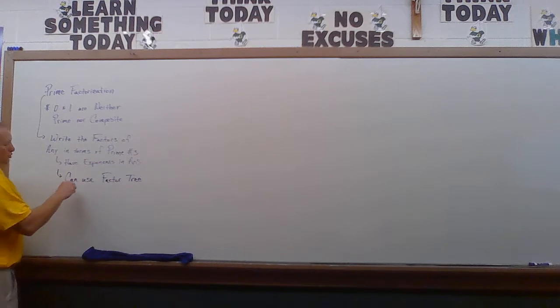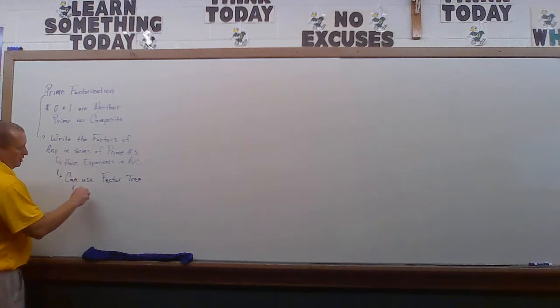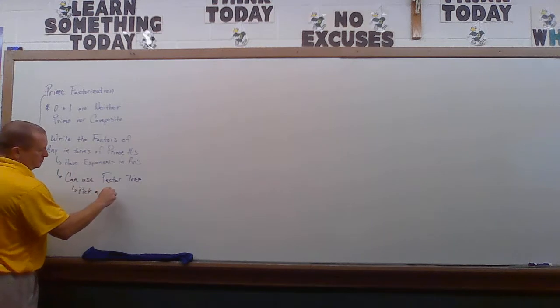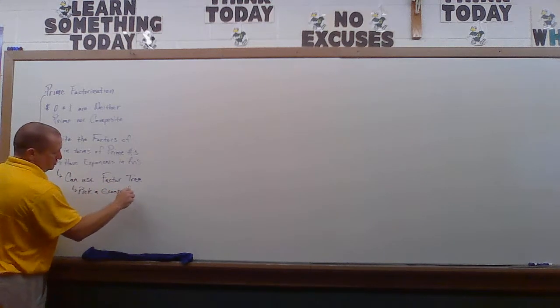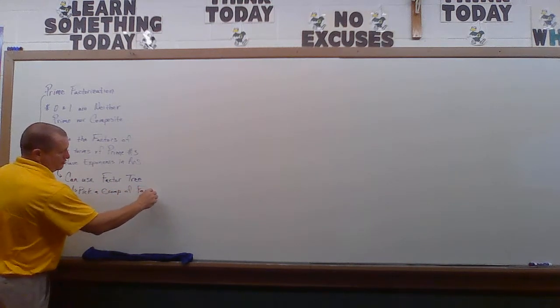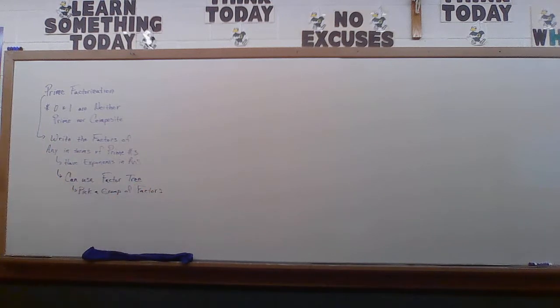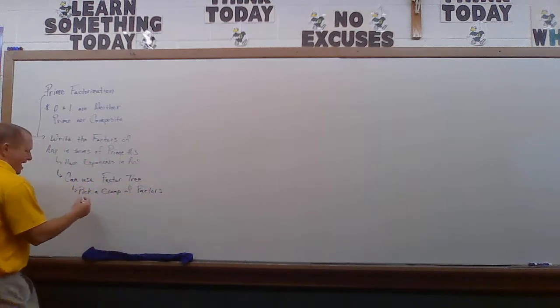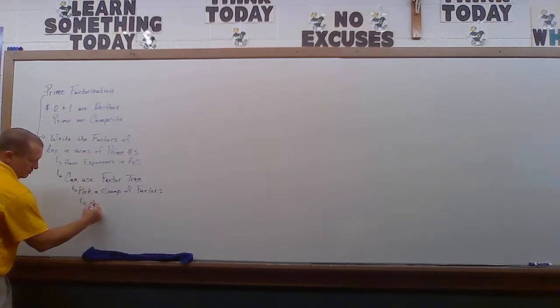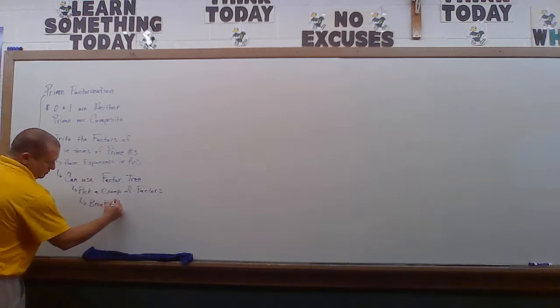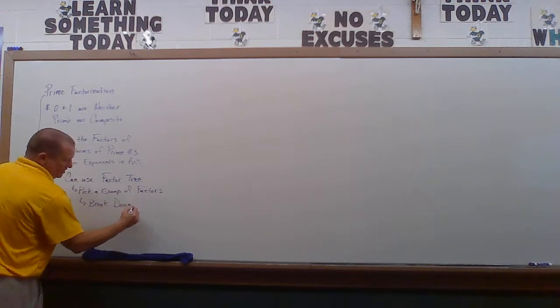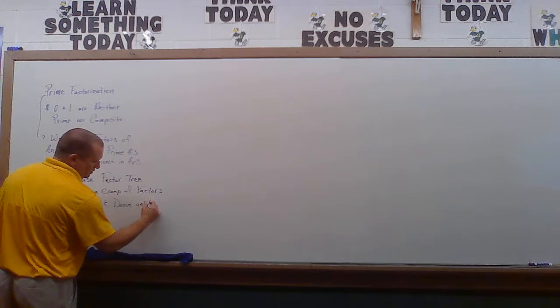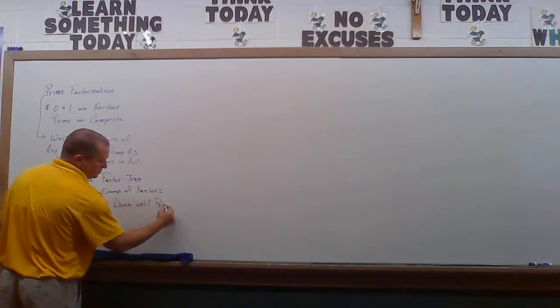I'm going to pick any group of factors for that specific number. And again, we can do this now with numbers or with monomials. We'll get to the monomials in just a little bit. But we're going to pick a group of factors, and then you're going to keep breaking them down until you have nothing but prime numbers.